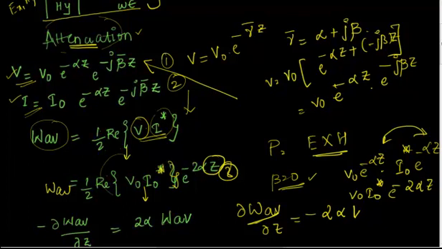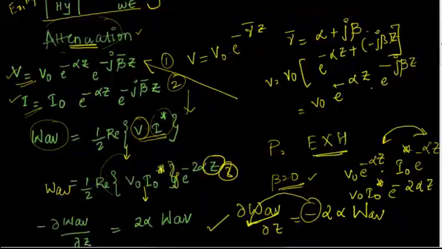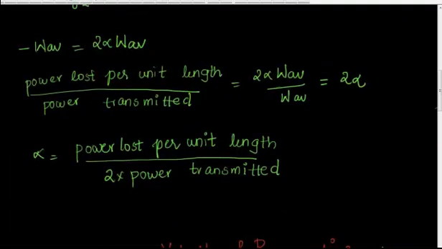We get some term and it can be replaced by W. So you get this minus sign on this side and you get this equation. Now we have this equation 4.